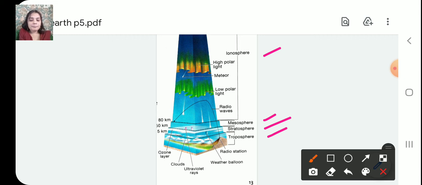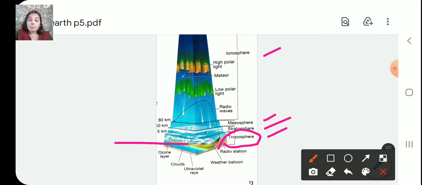All animals and plants live in the lowermost layer, called the troposphere, and all weather phenomena take place in the troposphere.